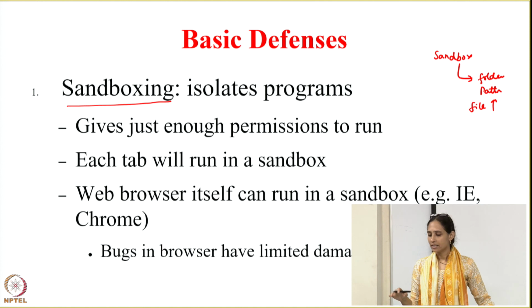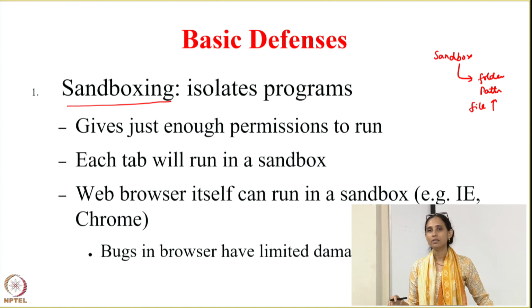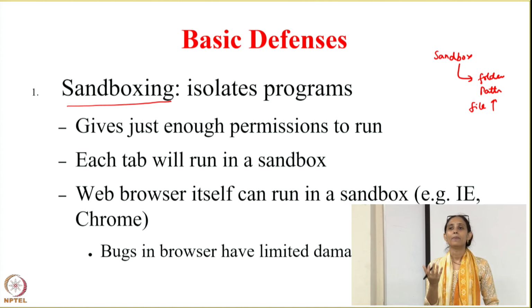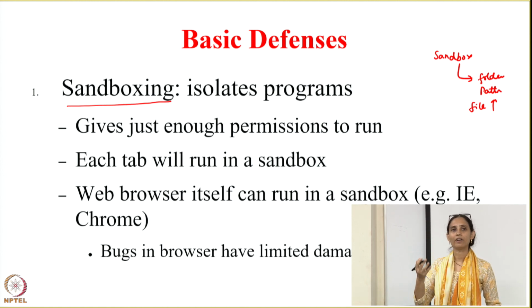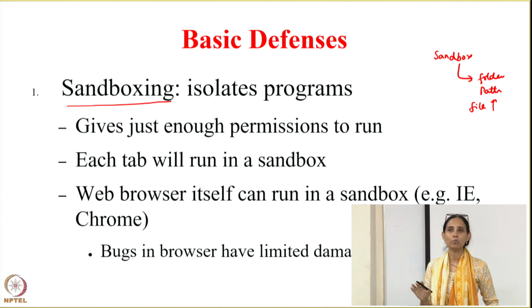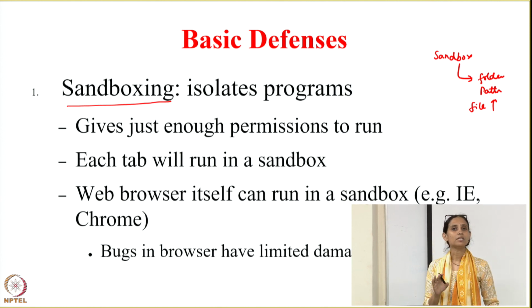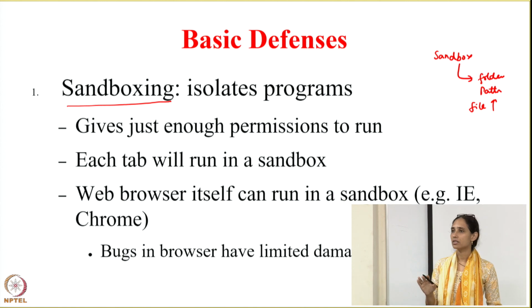Similarly, when it is executing certain things, the kind of memory allocation is also decided by the sandbox. If you run into an infinite loop, then it will stop the program and things like that. So that is what general sandboxing means. Sandboxing basically ensures that one program cannot affect other programs, both the data as well as alter its behavior. So it just gives you enough permissions to run.